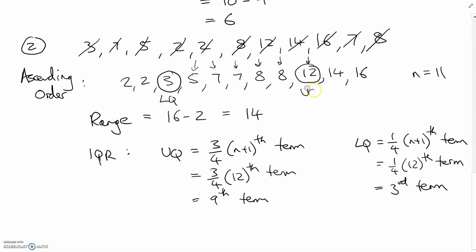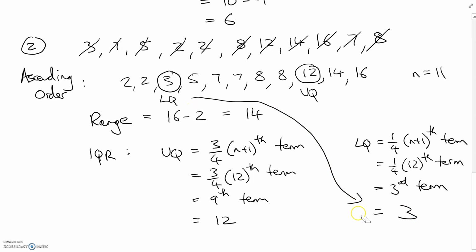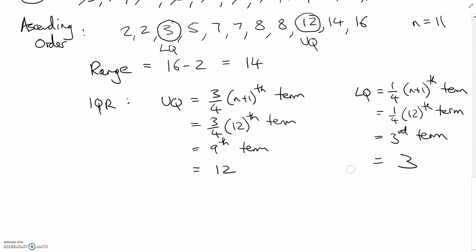There's my 9th term. That's the upper quartile. And I can sub in the 9th term is the 12. The 3rd term is actually the number 3 as well. So my interquartile range is the upper quartile minus the lower quartile, 12 minus 3, which is 9.